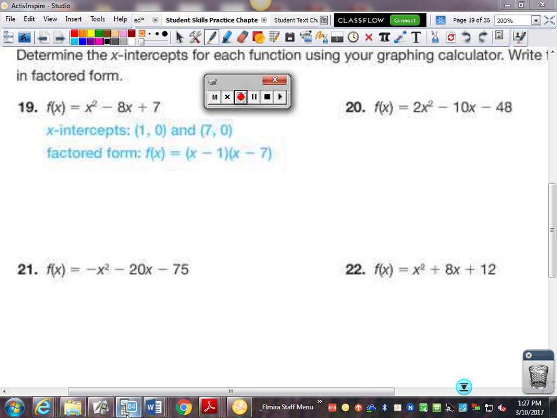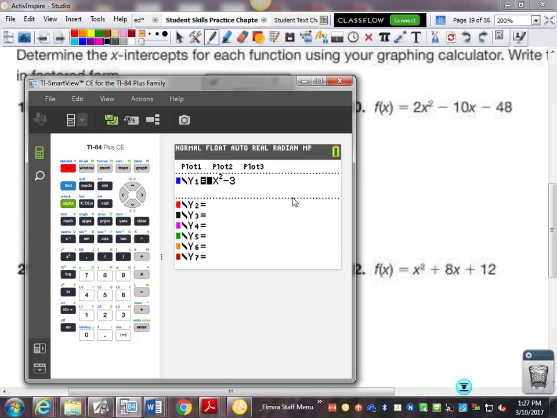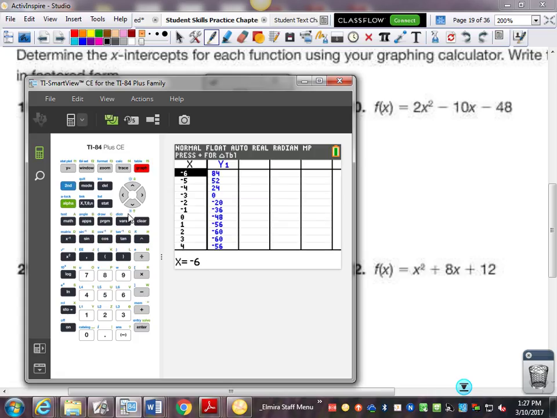In this next section, you're going to go to your y equals 2x squared minus 10x minus 48. See, one of my zeros, negative 3, 0.